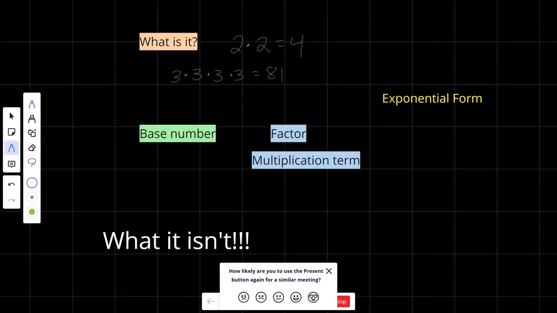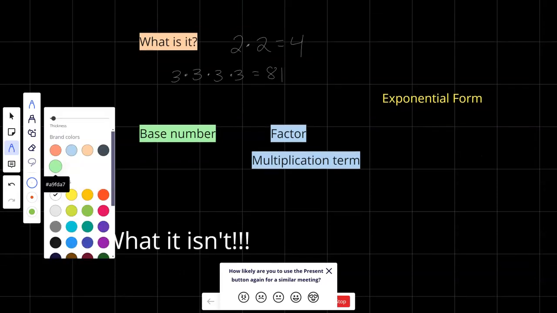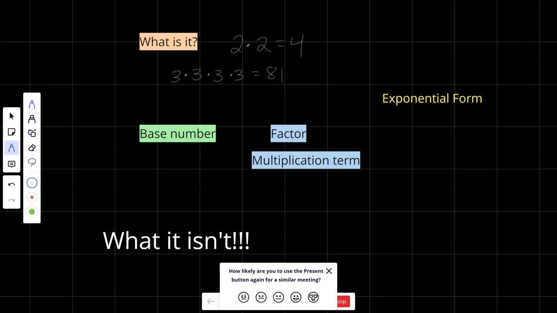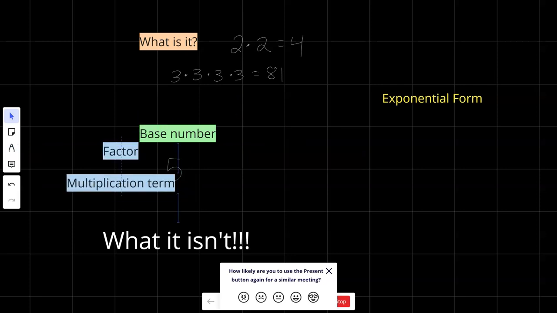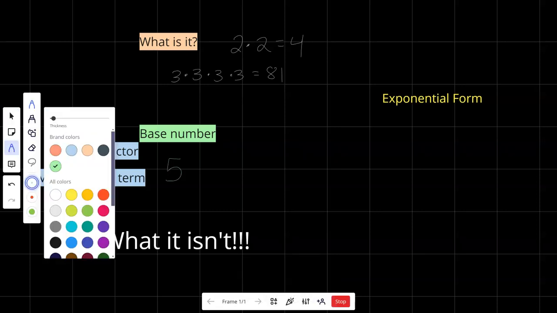So with repeated multiplication, we have a base number. In this case, let's do a base number of 5. It's a big number. It's a factor. It's a multiplication term. Any of these words right here are used to represent this number. So we've got a base number, a factor, a multiplication term. Then we have a power.